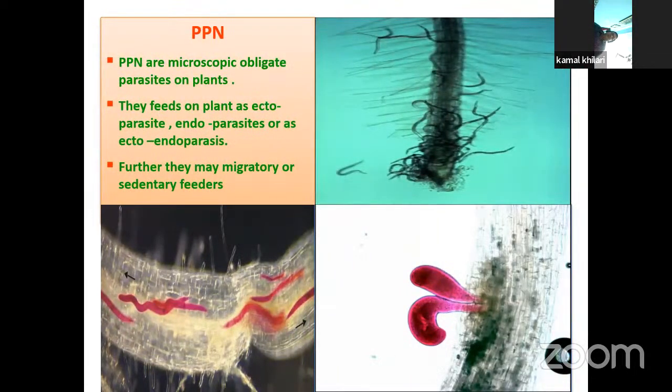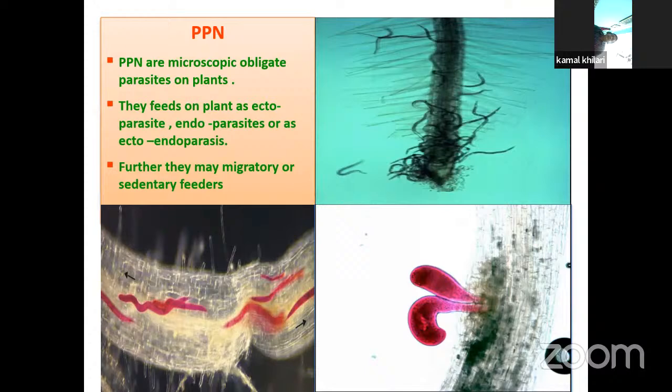These plant parasitic nematodes may be classified into 3 categories on the basis of their feeding habit. They may be ectoparasites, which means they remain outside the root system, or endoparasites, which means they enter inside the root system and feed on the plant root or plant tissues.